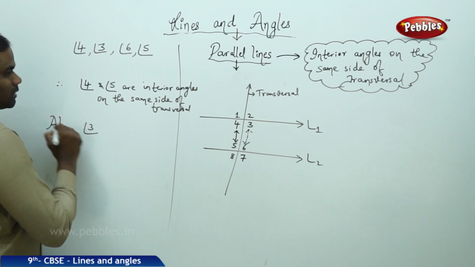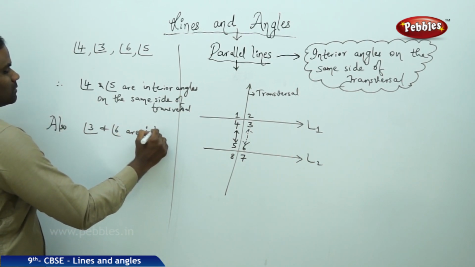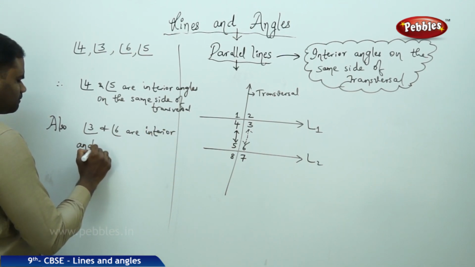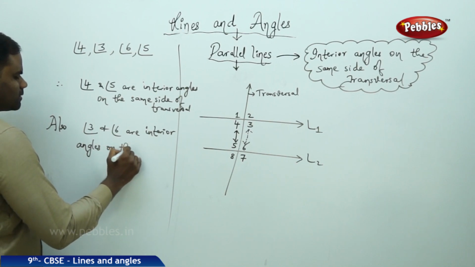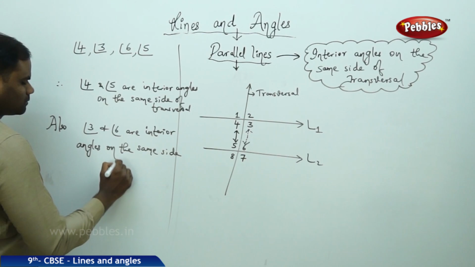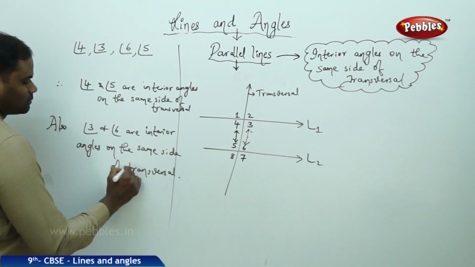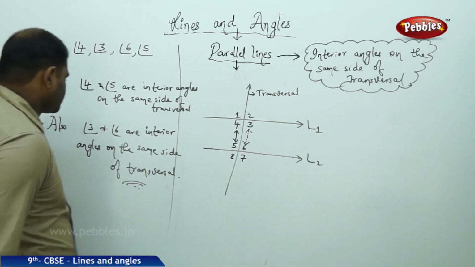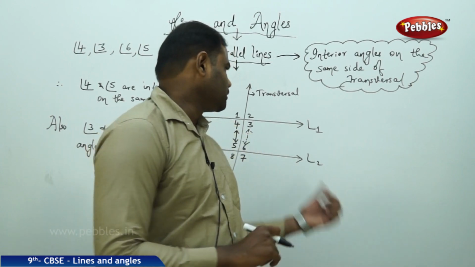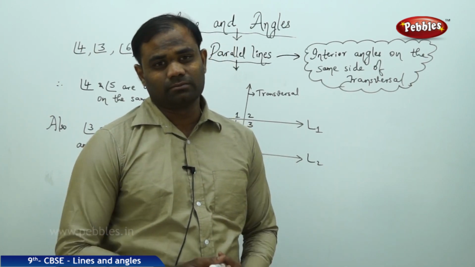Also, angle 3 and angle 6 are interior angles on the same side of transversal, is how we understand the interior angles connected with the parallel lines L1 and L2.